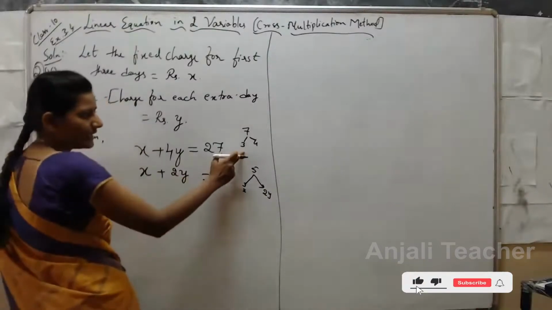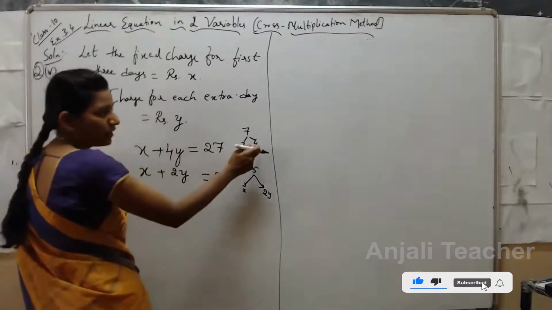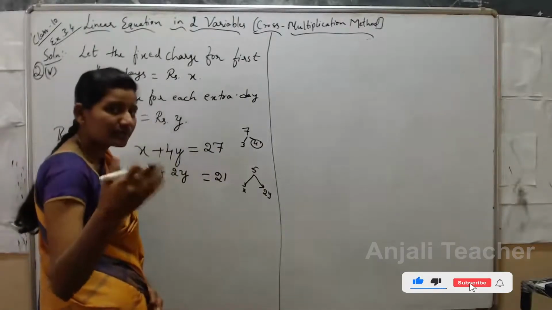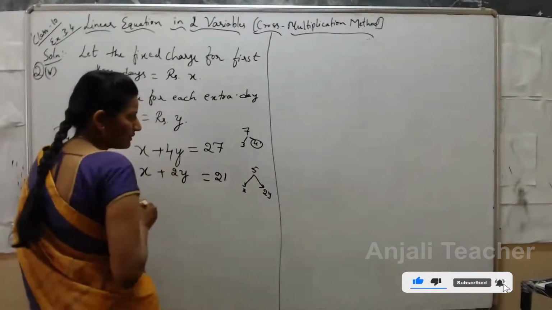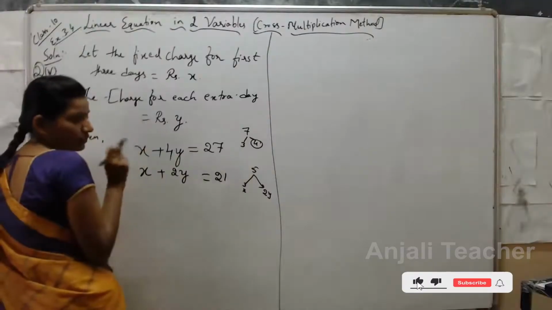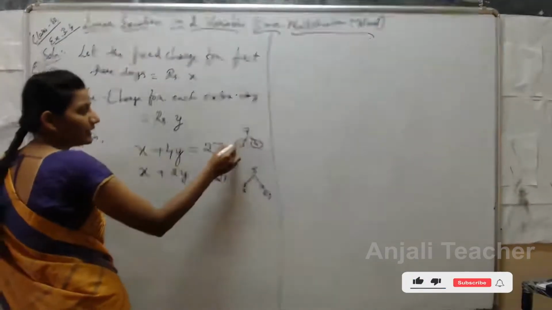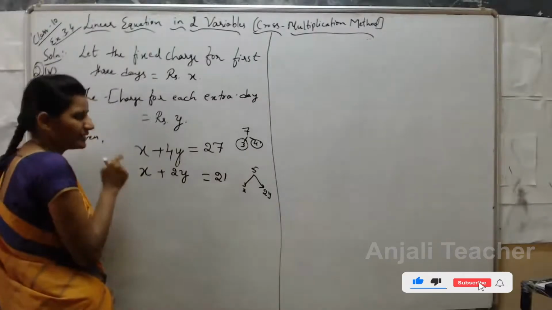For the first 3 days, X rupees. For the remaining days, Y rupees per day. That's why I have taken 4Y. Don't take 3X plus 4Y. Always take for 3 days X as a fixed charge.